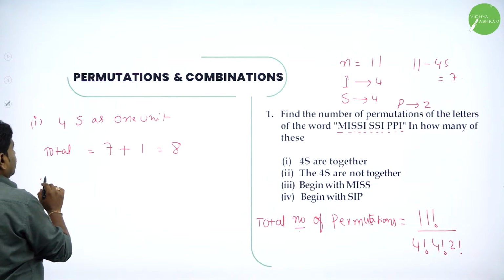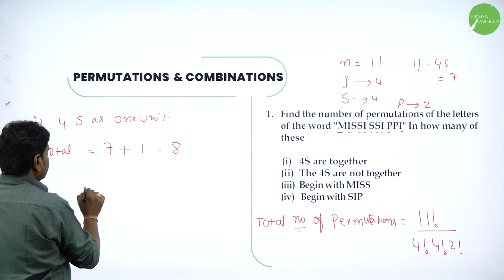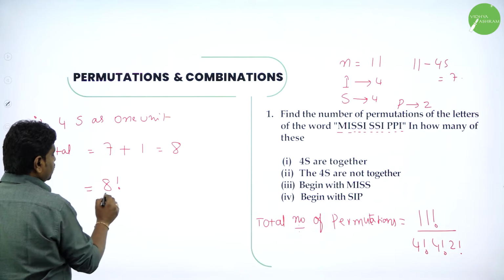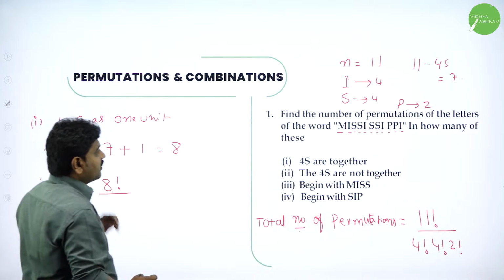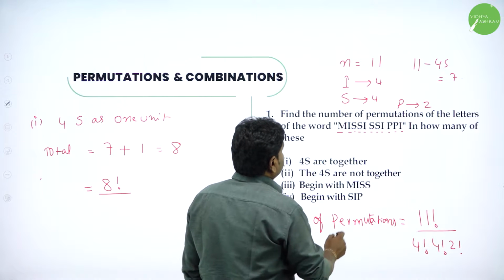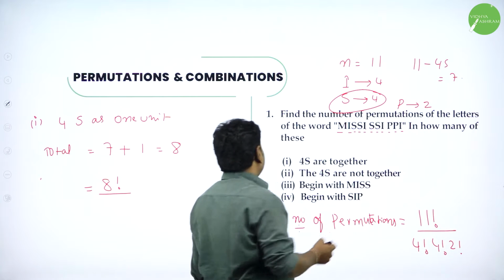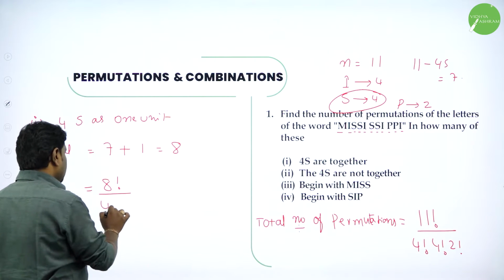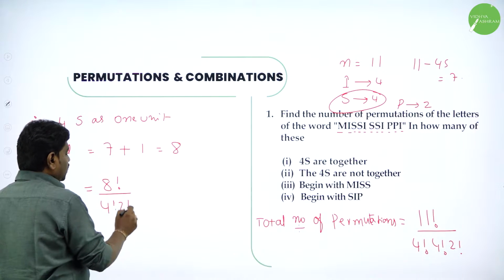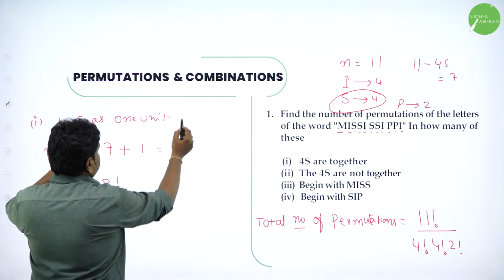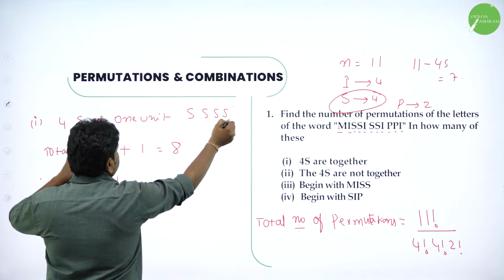So the number of formations with S's together is 8 factorial divided by, in these 7 letters other than S, we'll have I repeated, P repeated. So 4 factorial into 2 factorial. And the S's are all similar.